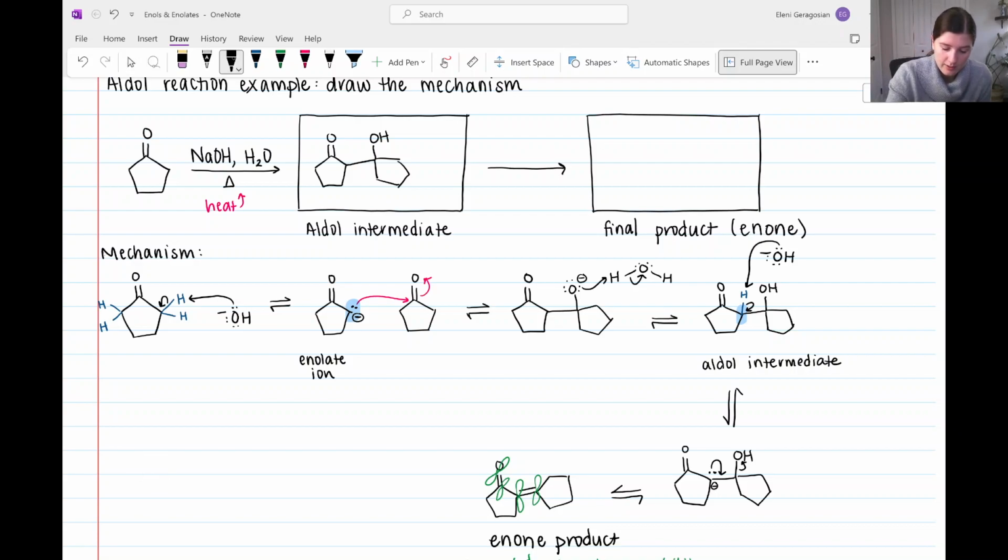And that's where the alpha carbon that has the new carbon-to-carbon bond, that new carbon-to-carbon bond is now a pi bond, and we no longer have the alcohol group. And there's our enone product.